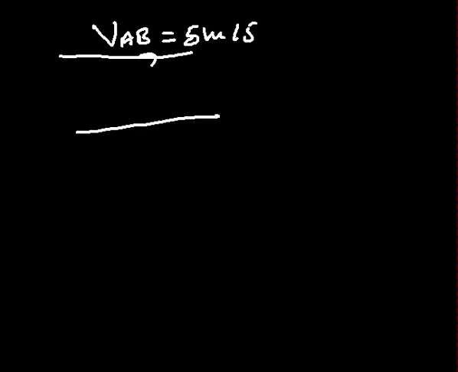Let's say we have an object moving towards this direction with a speed VAB equal to 5 meters per second. And let's say we have another object, VAC, with velocity given as 2 meters per second.